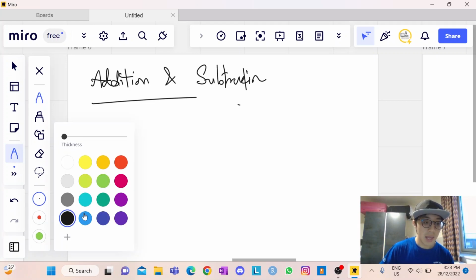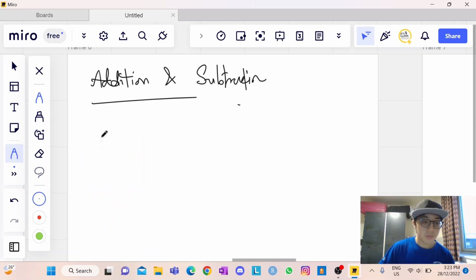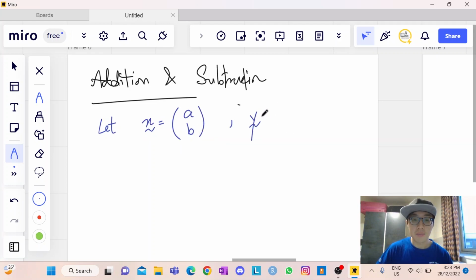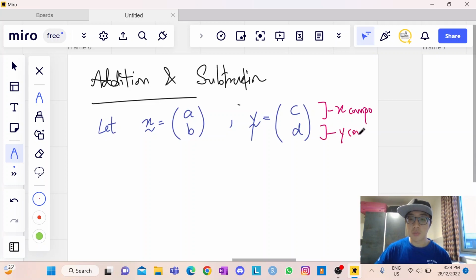Let vector x equal a and b, and vector y equal c and d. As you can see, the top one will always be the x component, and the bottom part will always be the y component. The x component moves left and right, and the y component moves up and down.